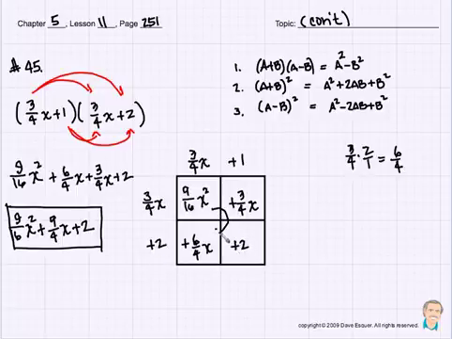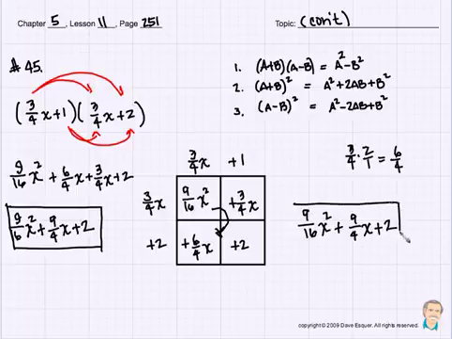We can reduce, but that's fine that way. And 2 times 1 is plus 2. So if we add up everything inside, we end up with 9/16 x squared plus 3/4 and 6/4 is 9/4 of an x plus 2.